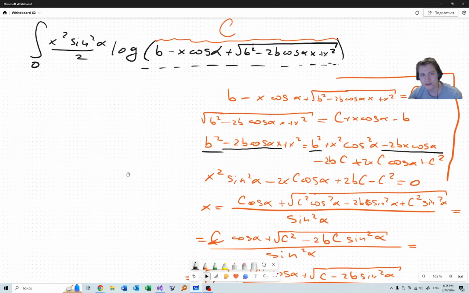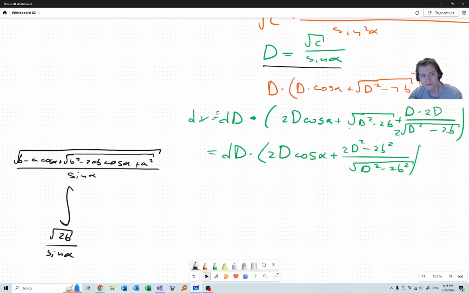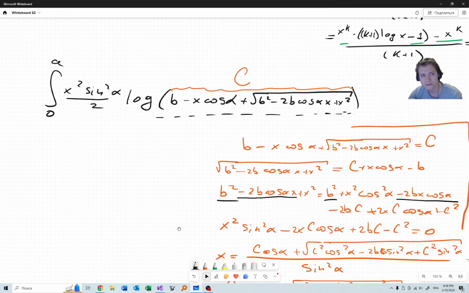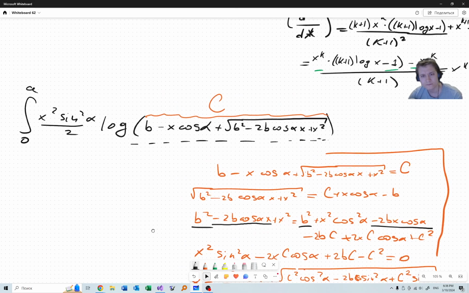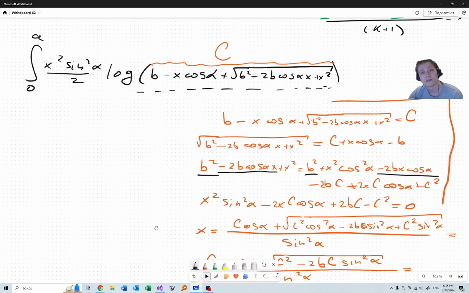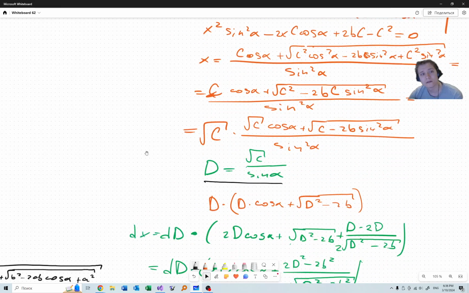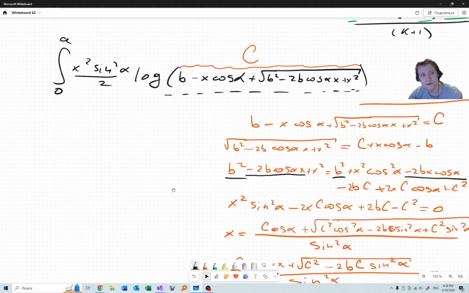And among all of this, we multiply by the logarithm. So first of all, we have x squared sine squared over 2.